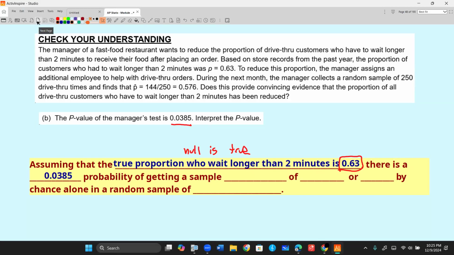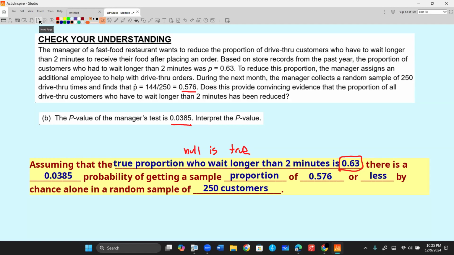Now, what is our sample? Is it a mean or a proportion in this case? That's right, it's a proportion. It's p hat. What was our sample proportion? 0.576. Which direction were we going? Less than. So 0.576 or less by chance alone in a random sample. Who are we sampling here? 250 customers.